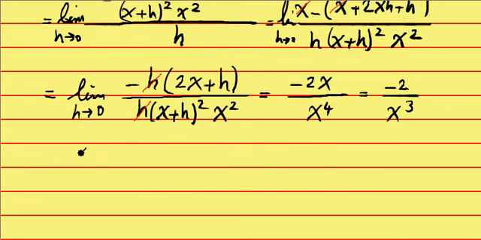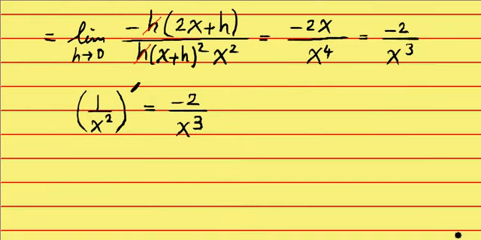So here is how we summarize the whole activity. 1 over x squared, we differentiated it, and the answer came out to be minus 2 over x cubed. These are things better memorized because we are going to come across them quite often.